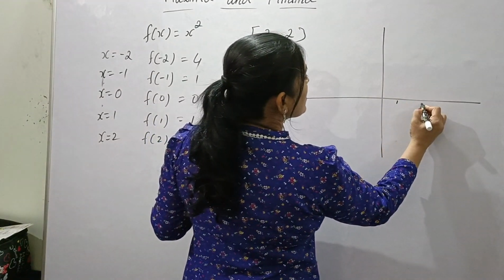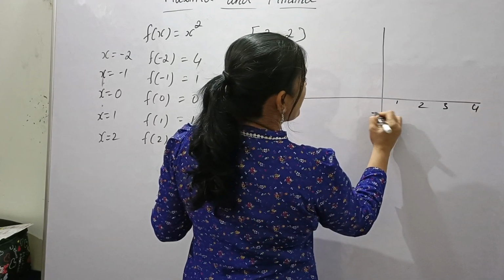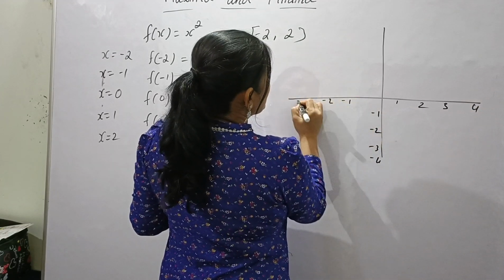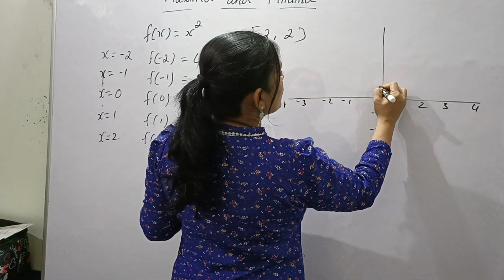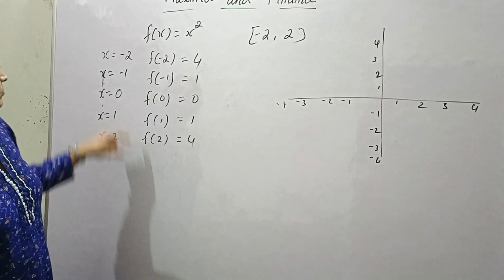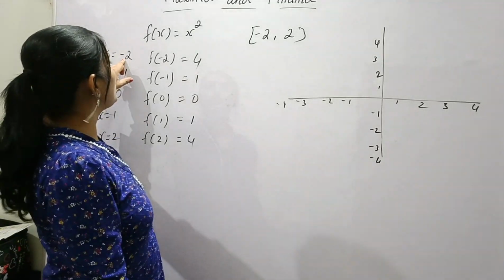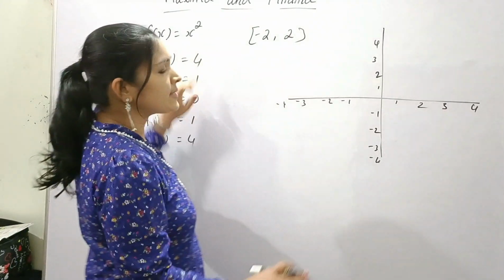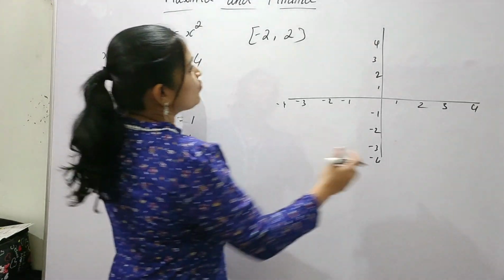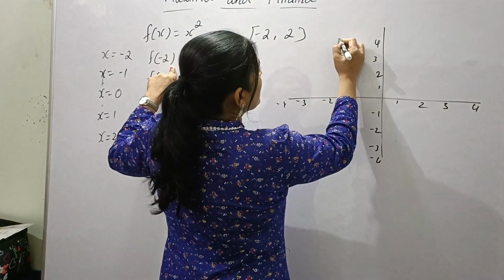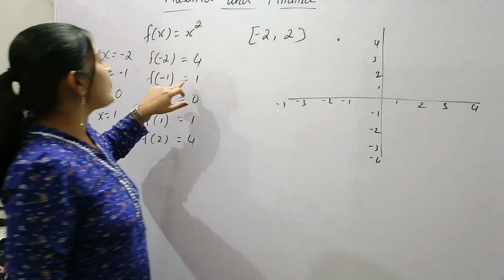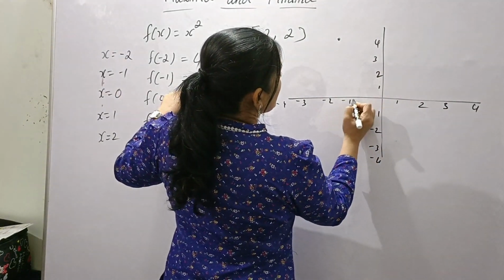Here 1, 2, 3, 4, minus 1, minus 2, minus 3, minus 4, and so on. So when x is equal to minus 2, f of minus 2, that is y, is 4.